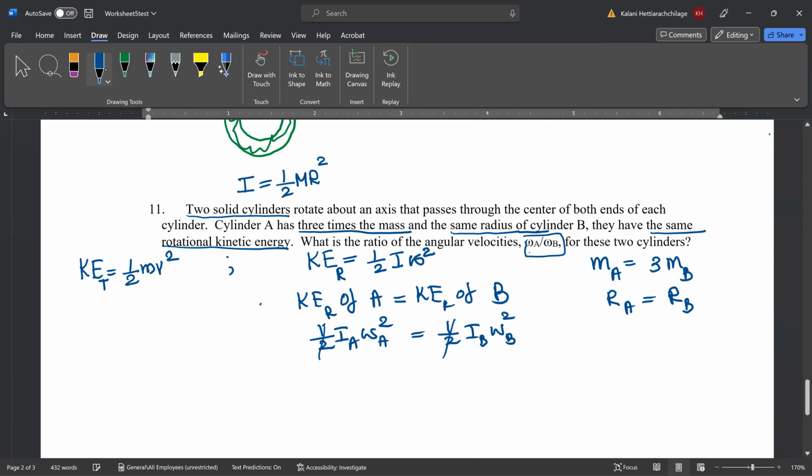I need omega A over omega B. I'm going to divide by omega B squared on both sides. When I do that, this cancels out, and I have omega A over omega B, the whole thing squared, equal to, dividing by I A on both sides, I B over I A.